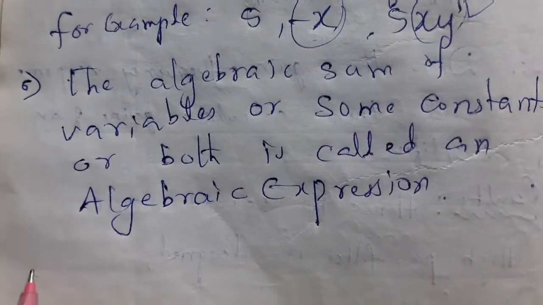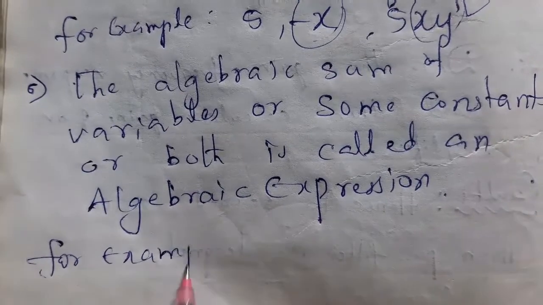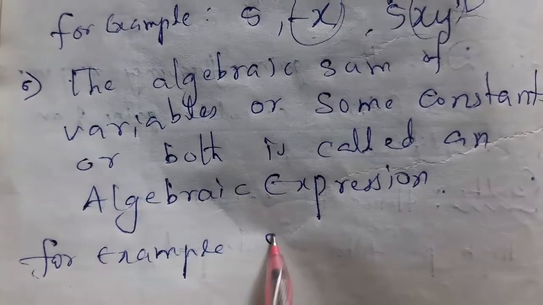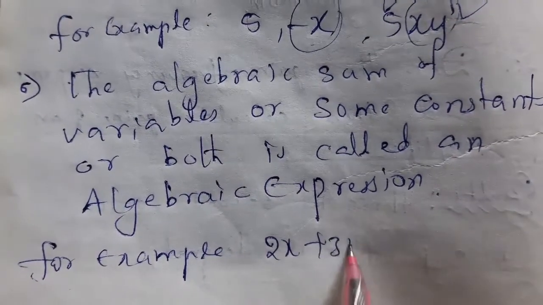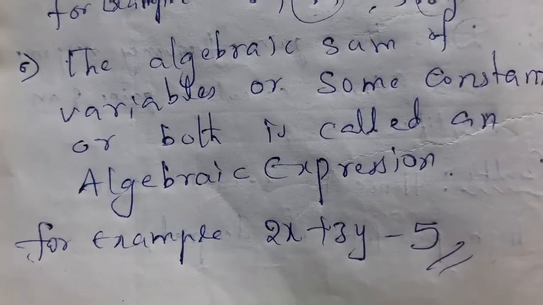Algebraic expression. For example, 2x plus 3y minus 5 is an algebraic expression.